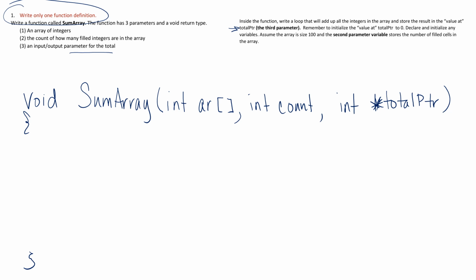Inside the function, write a loop that will add up all the integers in the array and store the result in the value at total pointer. Remember to initialize it to 0, declare any variables, assume the array is size 100, and the second parameter variable stores the number of filled cells.